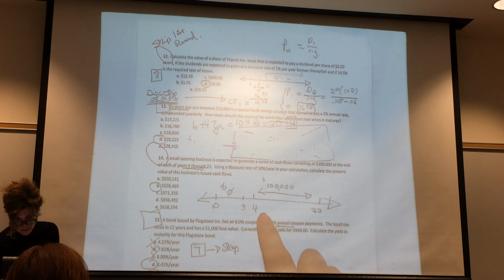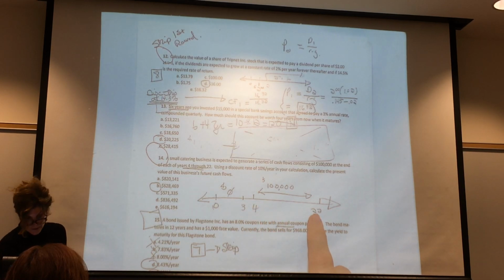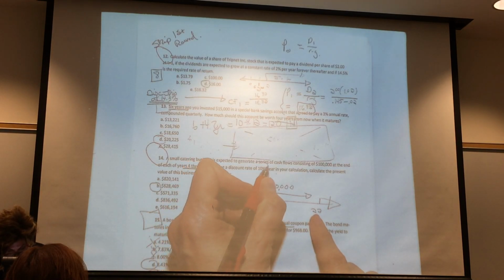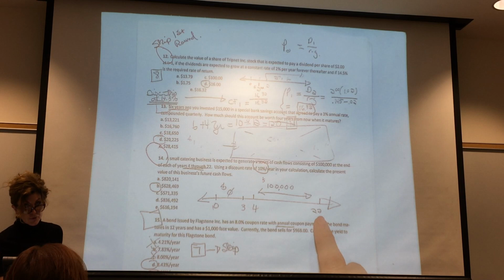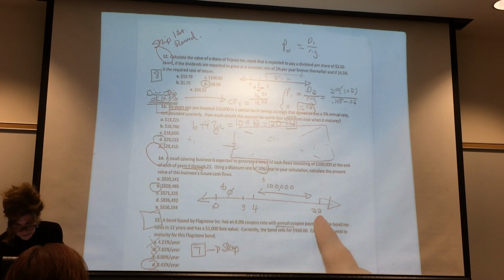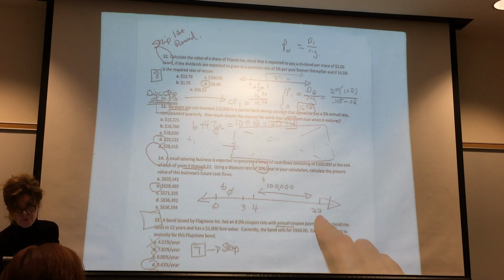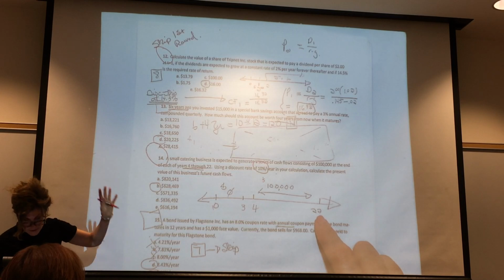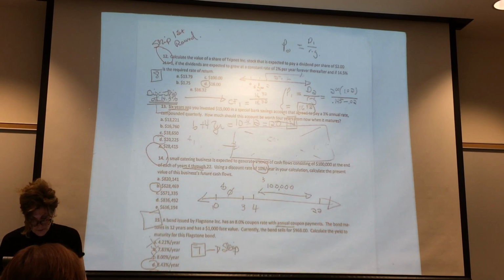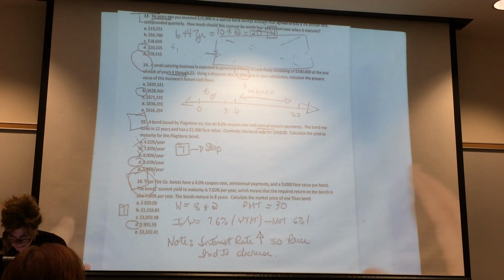Then you have $100,000, periods 4 through 22. Put those in your calculator. Then you're going to be discounting them at 10% a year. It's going to take me a long time to do 22 cash flows, so I'm not going to do it. But I will do it after, if everybody wants me to, after I reach my hour and a half. So when all else fails, write a timeline.